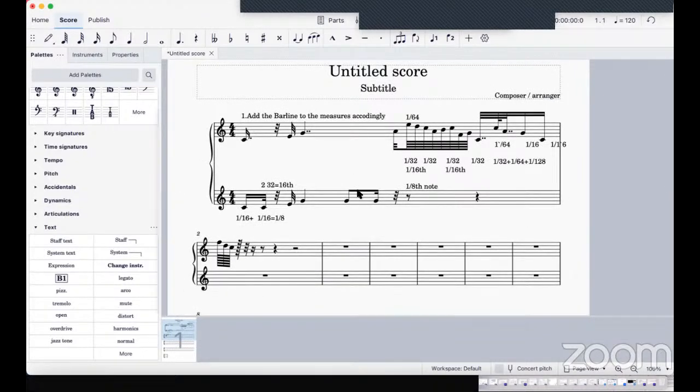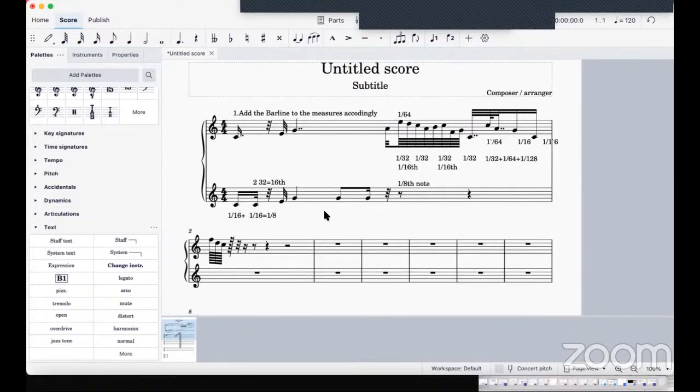Total here I need to have one whole note or 4 quarter notes. Let's see if we have one whole note.